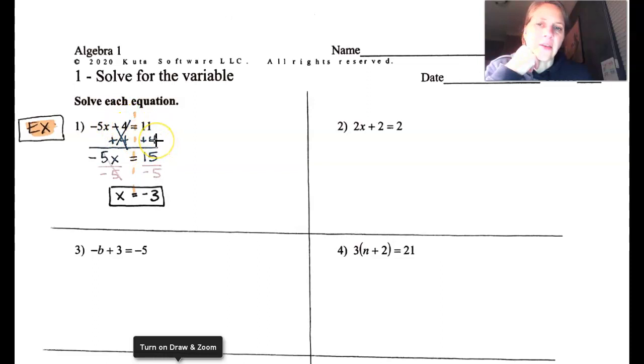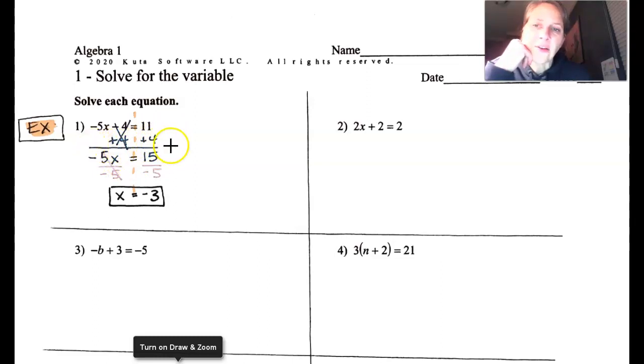And then when I added it to the other side, that meant that this is going to change. So this next line here is really just summarizing what I did in these first 2 lines. So I'm bringing down the negative 5x. The negative 4 plus 4 cancels each other out, so there's nothing here. And then the 11 plus 4 gives me 15.